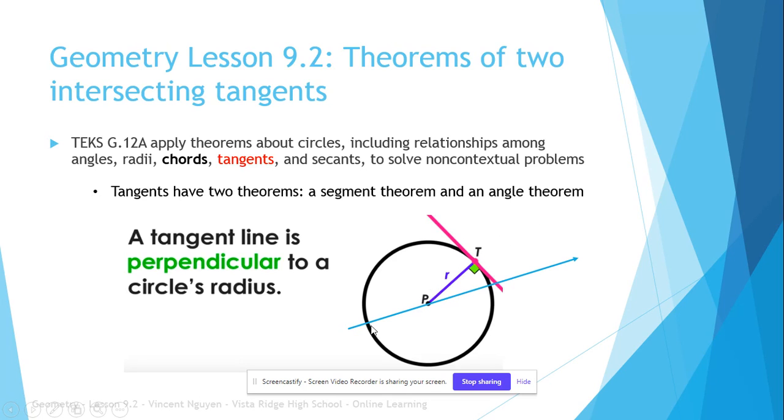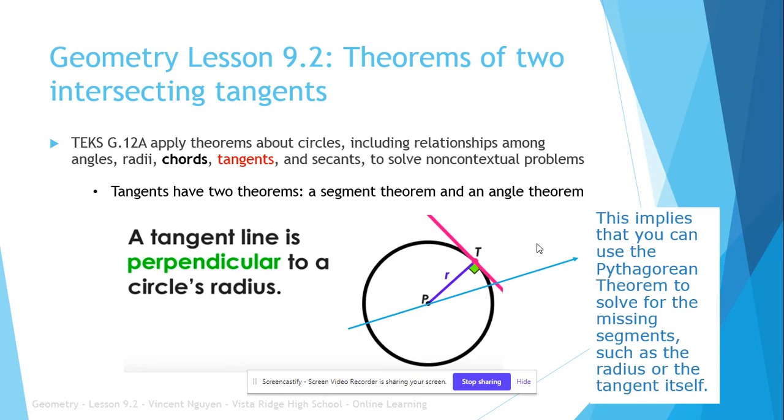If you draw this tangent line, you see there's a right triangle that forms right here. So what does that imply? It implies that you can use the Pythagorean theorem to solve for some of these missing segments, like the radius or the tangent segment or even the chord. So you're going to see these problems being applied later.